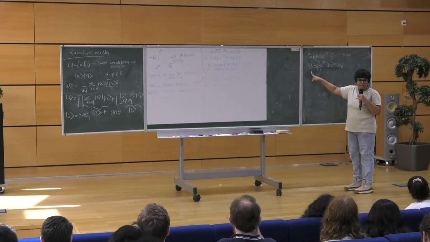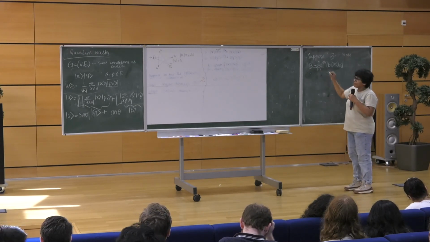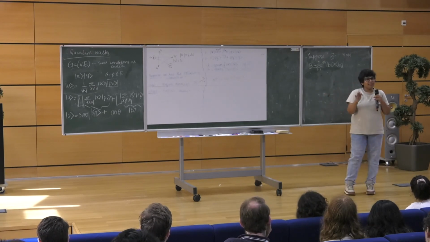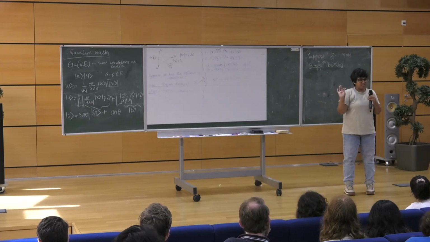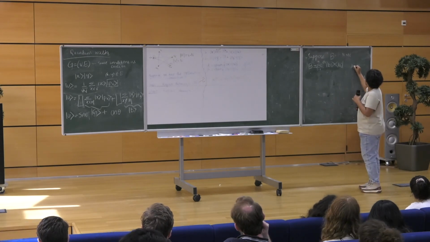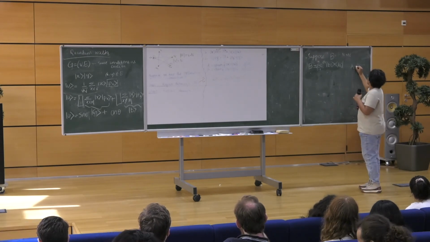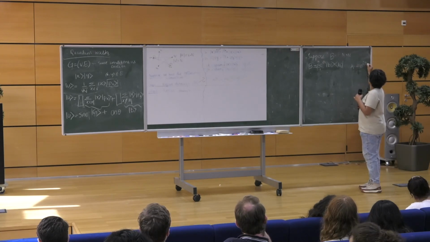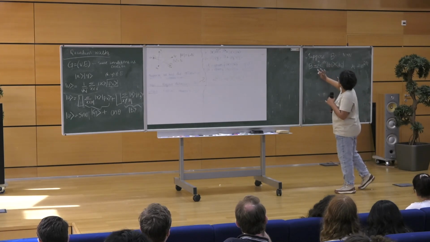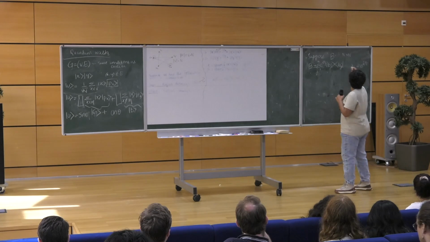Because B is a unitary matrix, you're promised that all its eigenvalues are of the form e power i theta. So all the eigenvalues lambda j are e power i theta j. This i is the imaginary number, so let me put this as j so that we don't have confusion. Let the index be j.